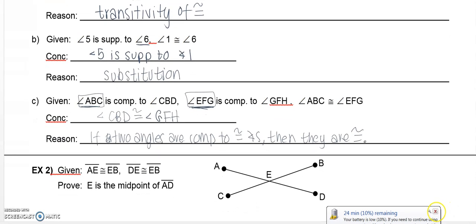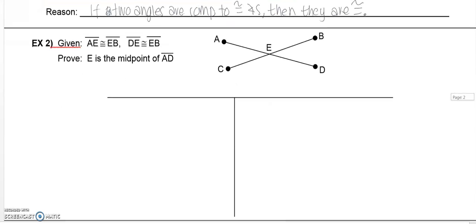Let's talk about some proofs that we can create with this. We'll probably have time for one. I'm going to do one, and you're going to try the other one on your own and pause the video after I'm done with this one. We're first going to start by writing out our given and marking up the diagram with that given information. So we know AE is congruent to EB.